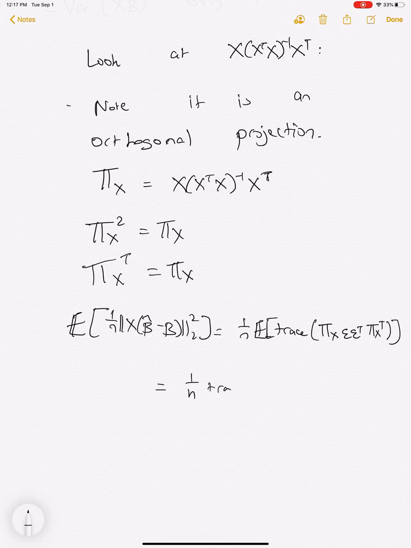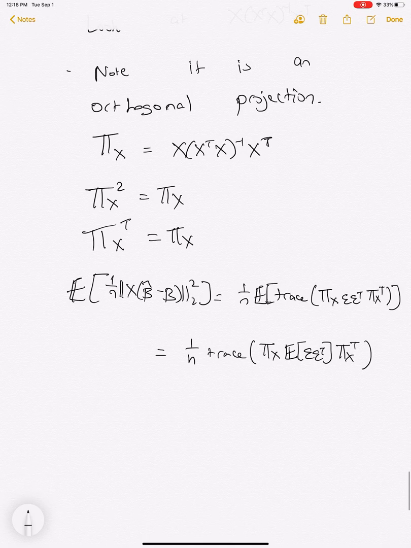We can bring the expectation inside. Like everything I've done here, this makes no further assumptions about the noise other than mean zero.